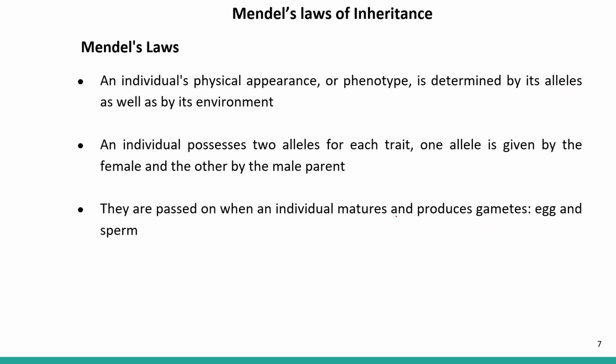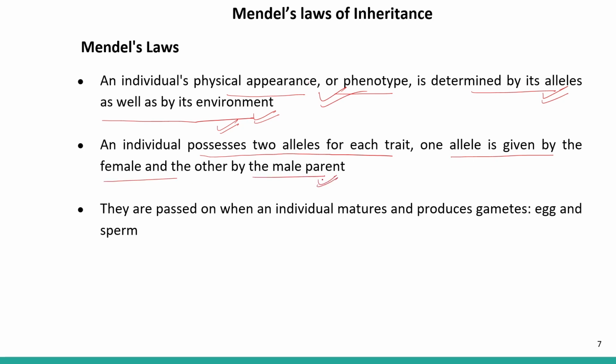Okay, so an individual's physical appearance or the phenotype is determined by its alleles as well as its environment. So two things are there for the phenotype: the allele combination as well as the environment. Okay, so an individual possesses 2 alleles for each trait. One allele is given by the female and another comes from the male parent.